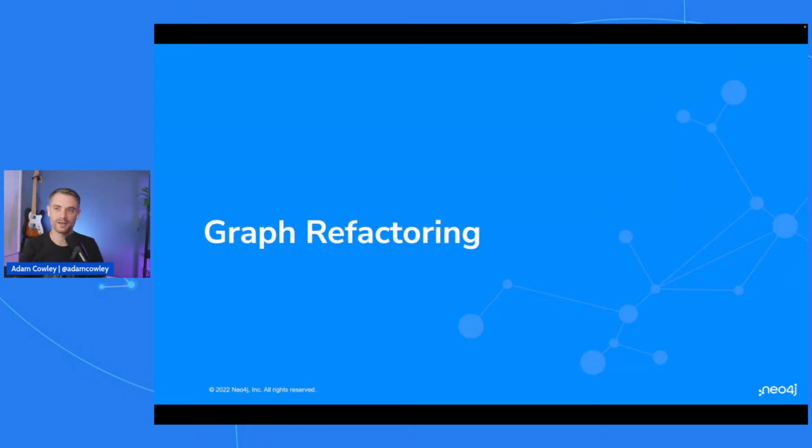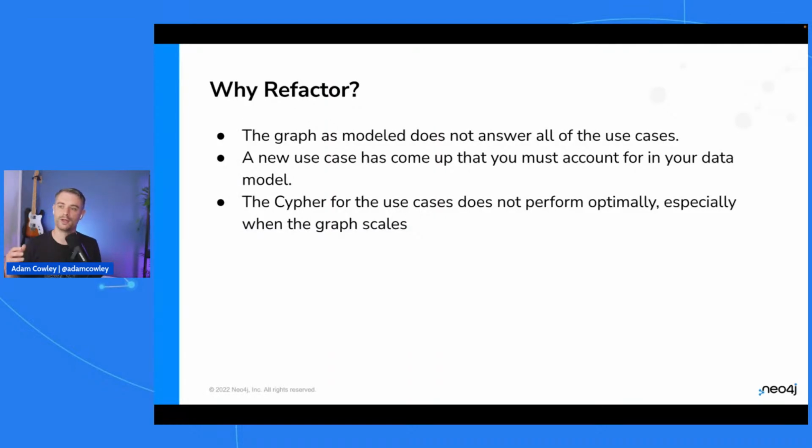It's always like 500 milliseconds for response time, just plucked out of thin air because somebody else has said that their queries return in that time. Or we've got a new use case that we need to answer.